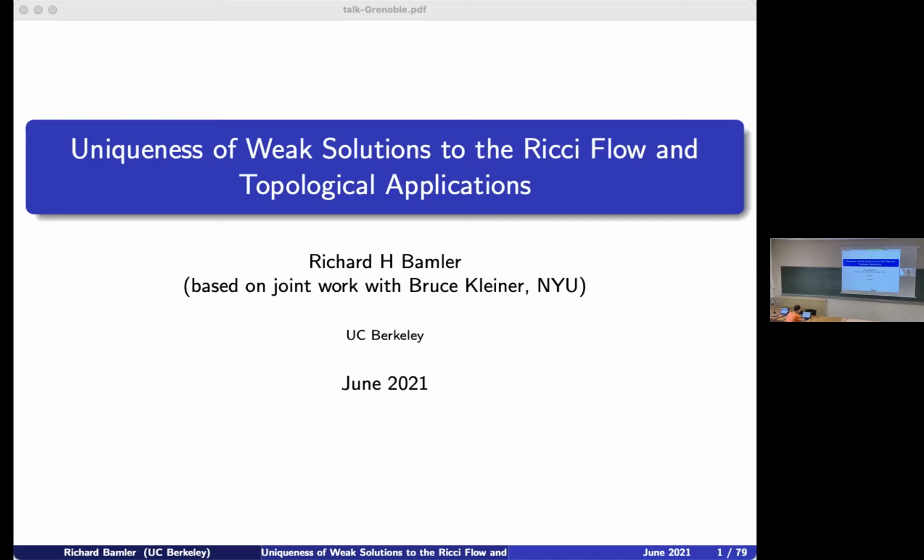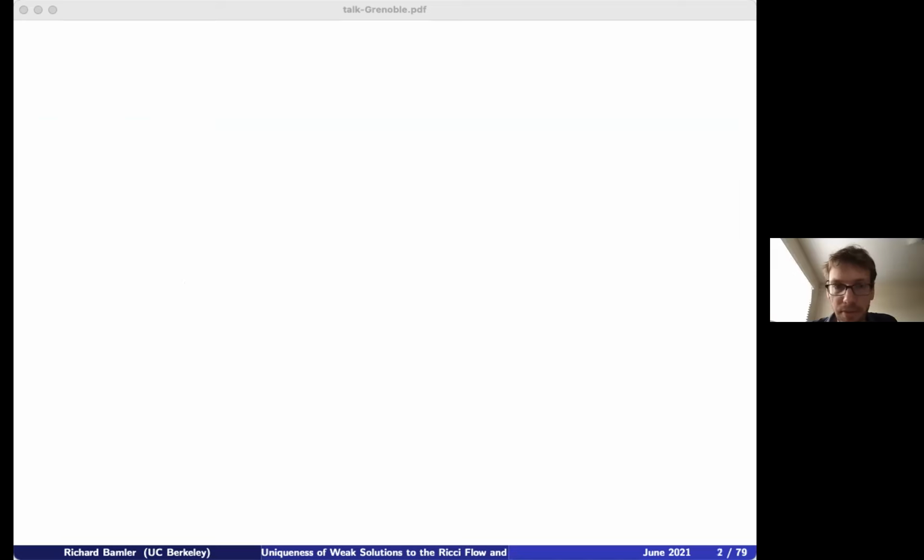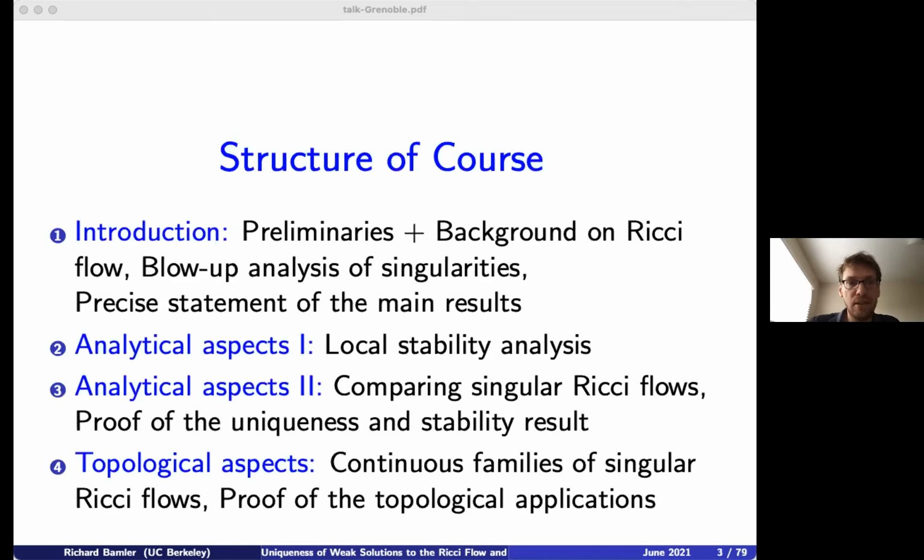So here's a brief outline on how I intend to structure this course. Today, I want to give you some of the preliminaries and some of the background on Ricci flow that are necessary for the class. I'll show a lot of pictures and try to make the definitions as precise as necessary.